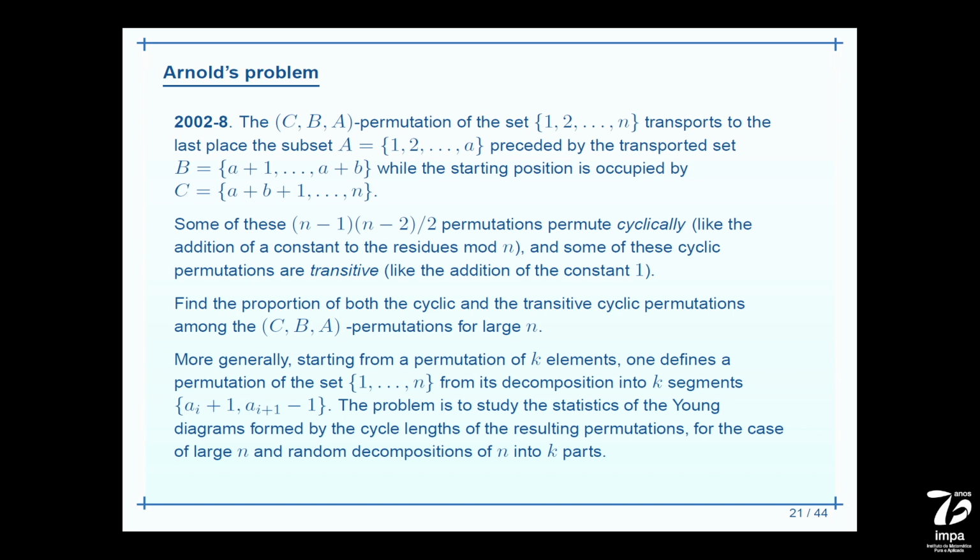He defines a CBA permutation as follows. You take all integers from 1 to n, and then you chop this segment of integers into 3 parts: the part at the beginning from 1 to a, then from a plus 1 to a plus b, and then from a plus b plus 1 to the end.